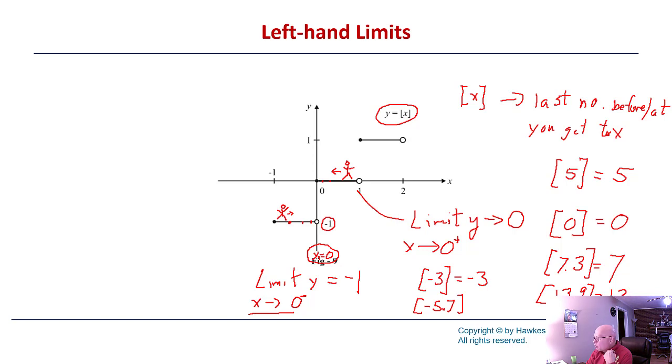You never got to 14, so it's still a 13. Now this one, you hit -3, that's already an integer. Bingo, you got it. Now if we're coming from the left, picture the number line. The last integer you actually got to was the -6, because the -5.7 is to the right of that. And you haven't got the -5 yet.